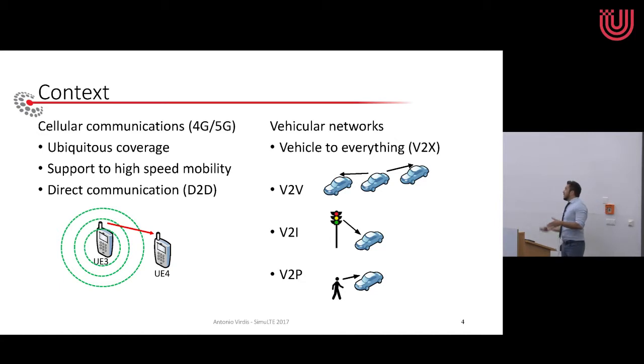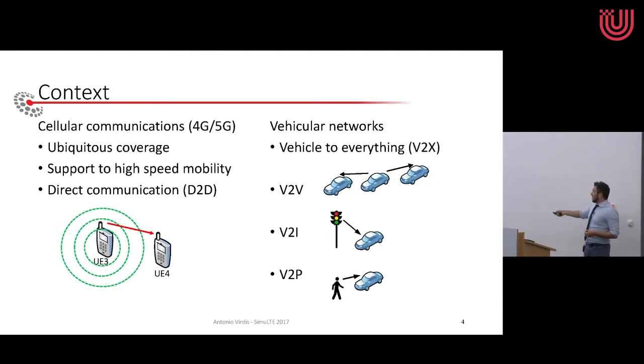On the other hand, we have the vehicular networks. Of course, I will not go into too much detail on this, it's not my field, but we have the idea of communication of vehicles to everything, where this everything might be vehicle-to-vehicle communication, V2V, for coordination in movement and stuff like that, vehicle-to-infrastructure communication, so communication between vehicles and traffic lights or the like, or also vehicle-to-pedestrian communication.